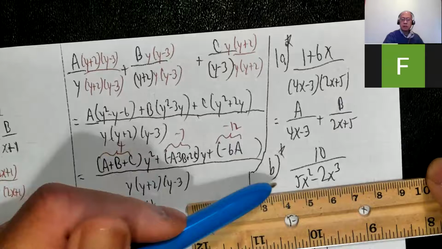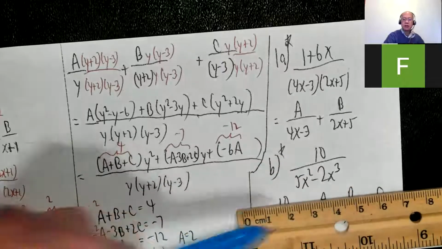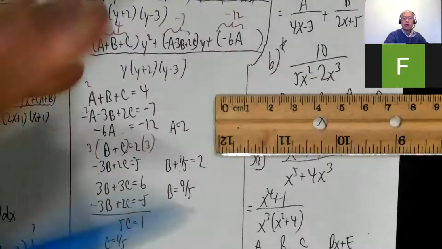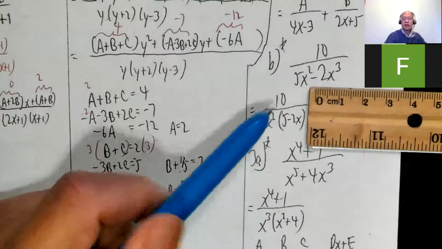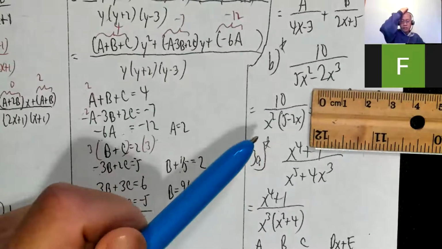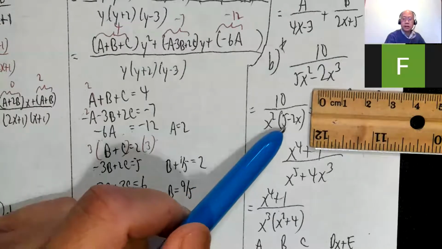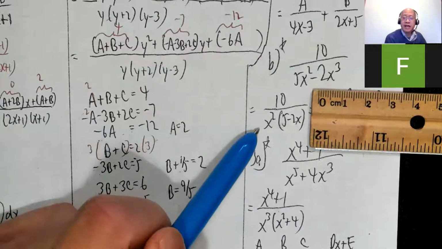1B star, 10 over 5x squared minus 2x cubed. Factor out the x squared: 10 over x squared, 5 minus 2x. So this is linear, repeated.